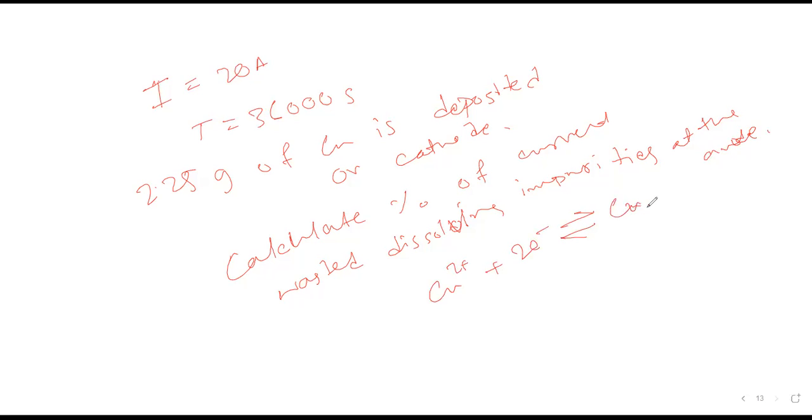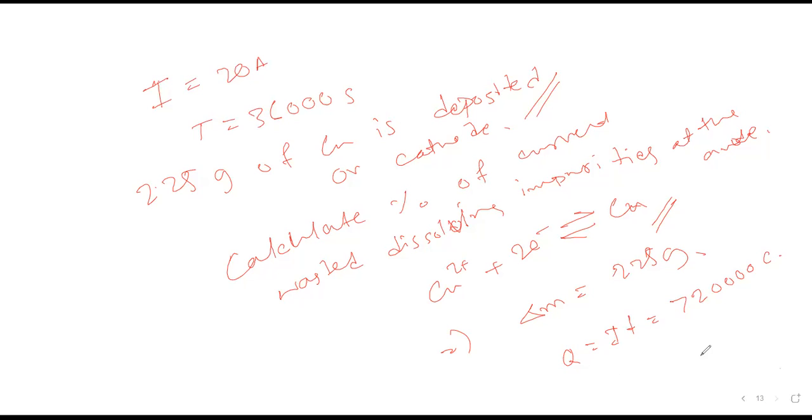We only have information for that, because they are giving us copper deposited at the cathode, so we are going to use the cathode's information. The change in mass is given as 225 gram. Now Q equals I T. By using that, we get the total charge as 720,000 coulomb.